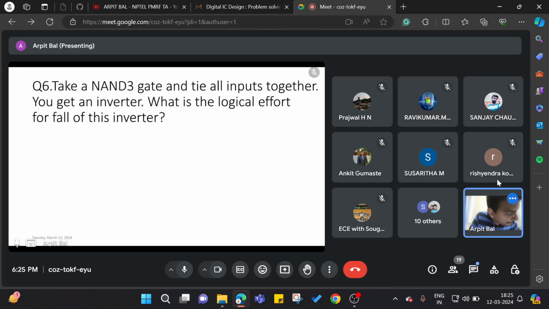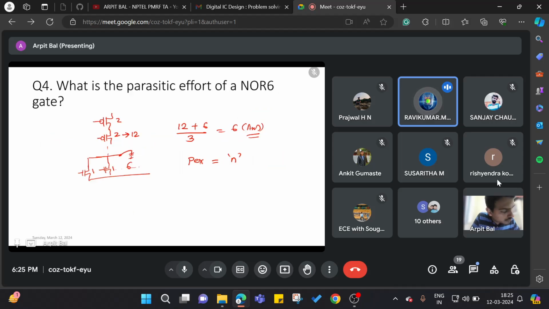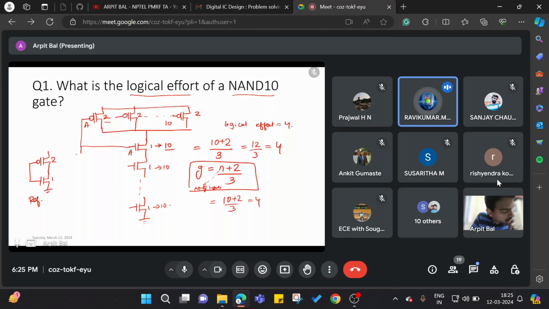So in question number 1 and 2, in parallel connection, we can take any one of the transistor widths.